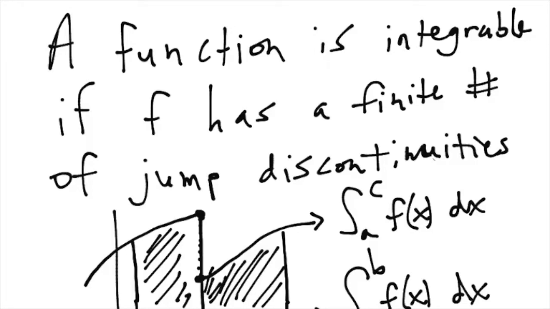You could just do these separately. You could find one area and then the other area, and the total area under that whole shaded region comes from adding the two sub areas together. So if you have a bunch of these little jump discontinuities, you can break up your function into the shaded areas between jump discontinuities.